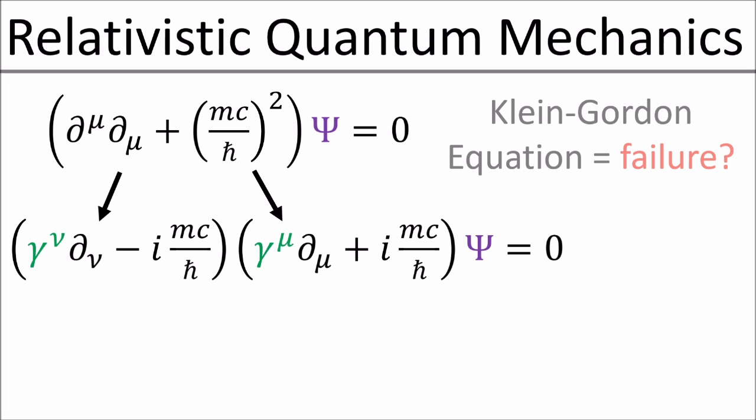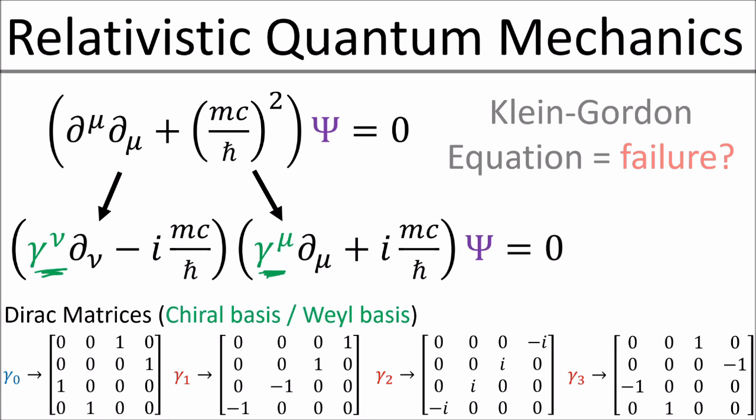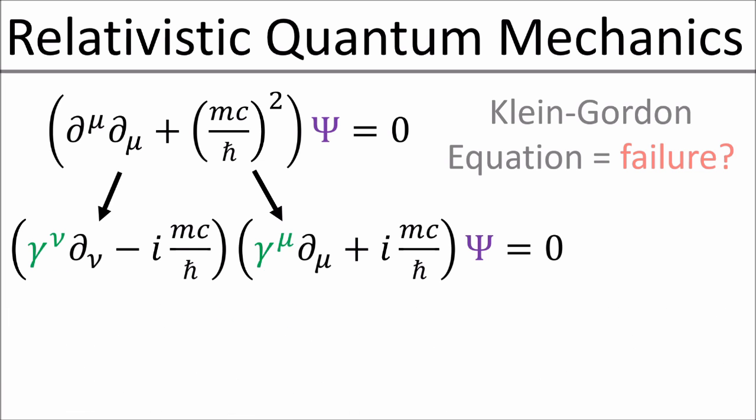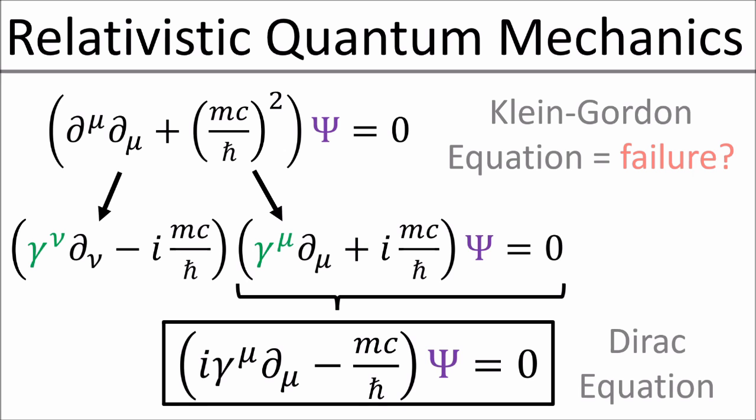However, this was only possible if the coefficients involved were 4x4 matrices, which are the gamma matrices. Without realizing it, Dirac invented the CL13 spacetime Clifford algebra we saw in previous videos. If we take one of the factors in this formula and set it to 0, we get the Dirac equation.